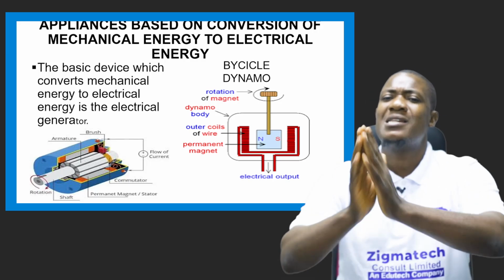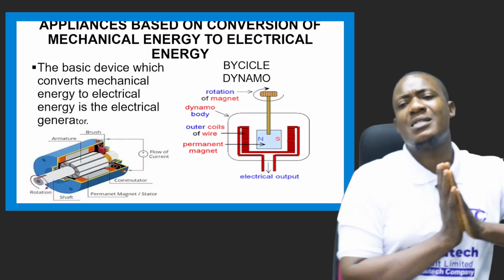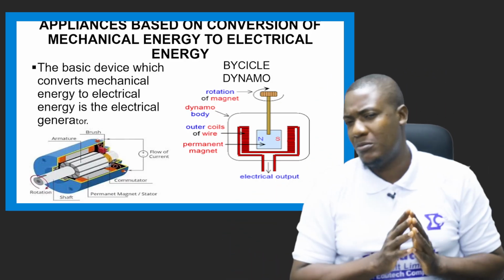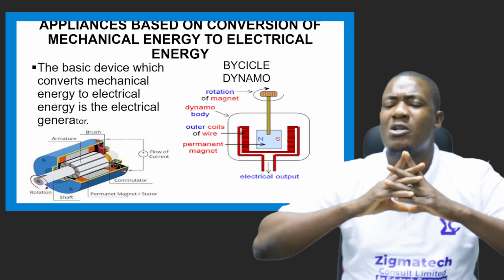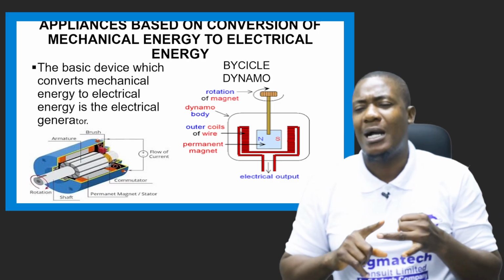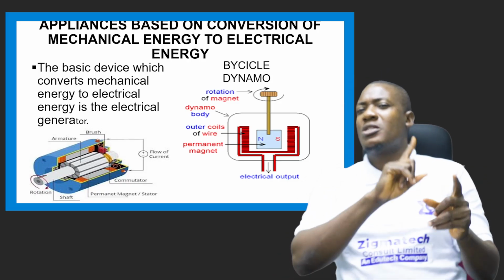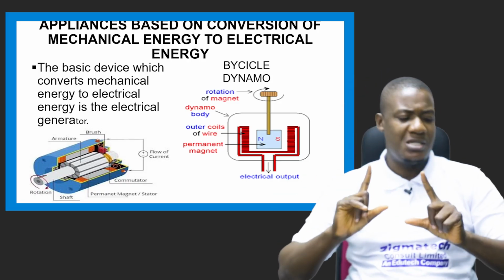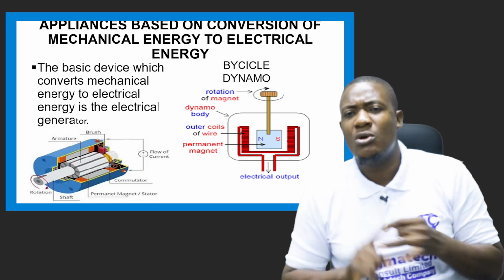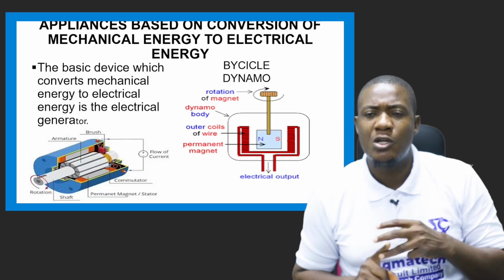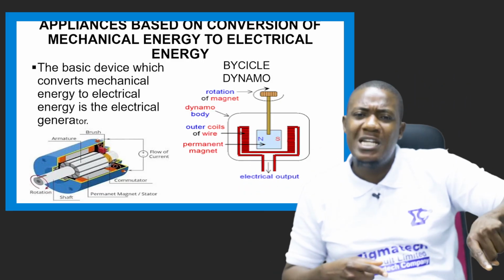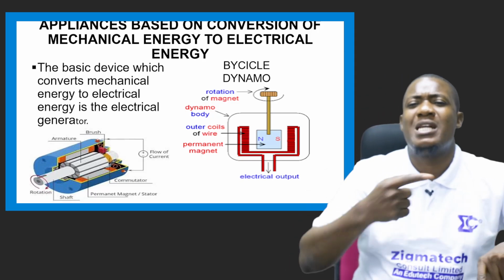For a generator and a motor, there is no difference in their body parts, but they do different things. A motor converts electrical energy into mechanical energy, but a generator converts mechanical energy into electrical energy.